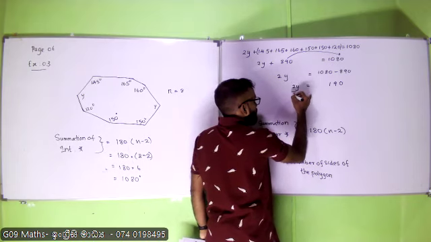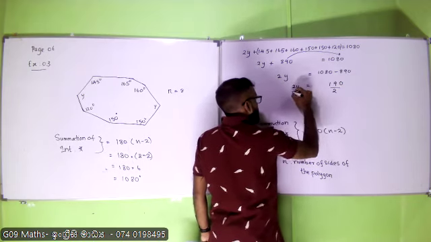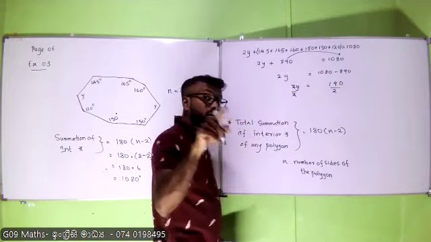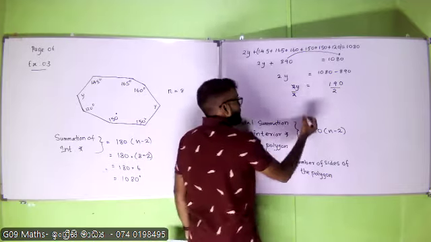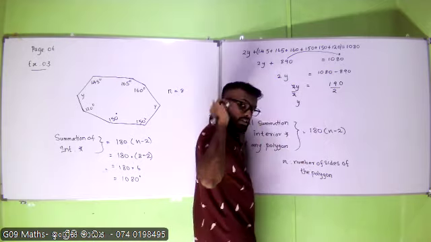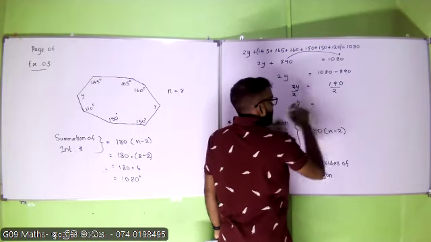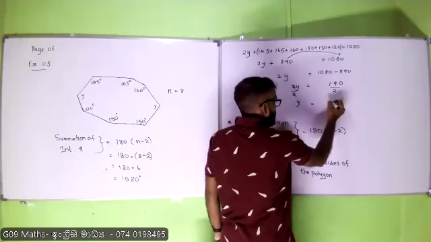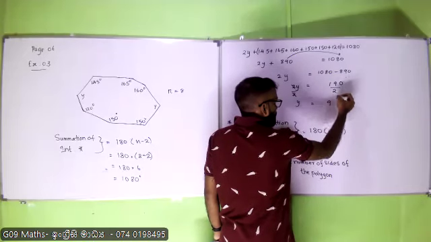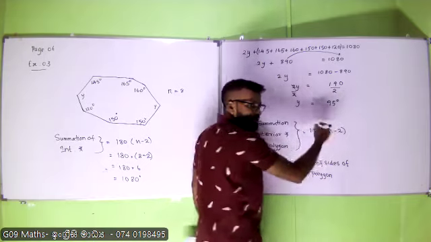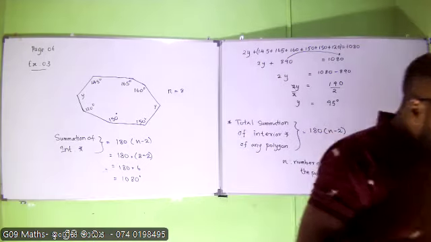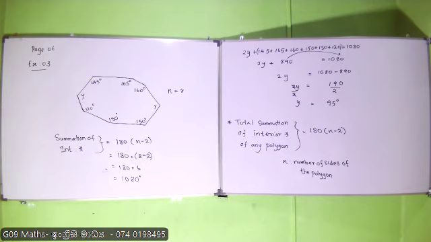Divide both sides by 2, or you can use the method I gave you yesterday. 190 divided by 2 is 95 degrees. Is this the answer, Megan? Yes. Okay.